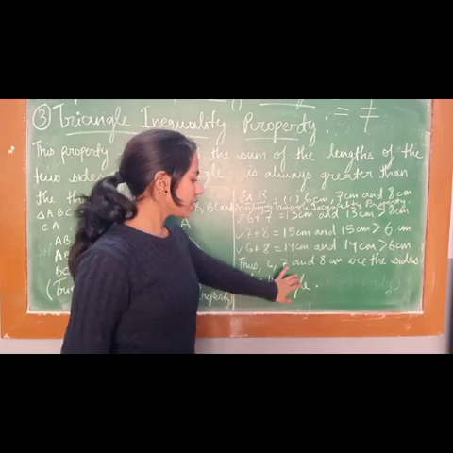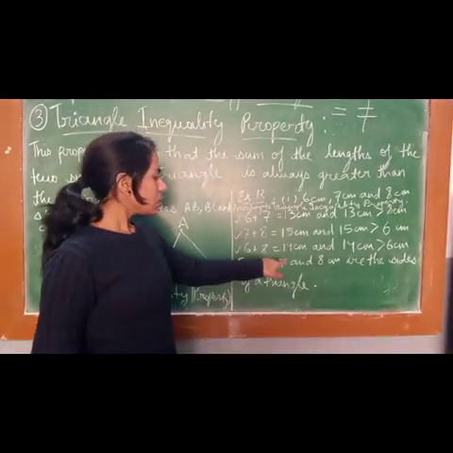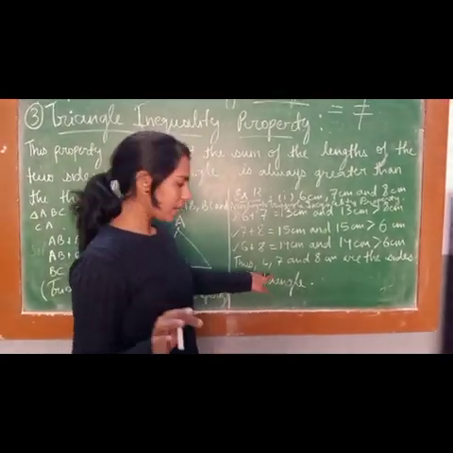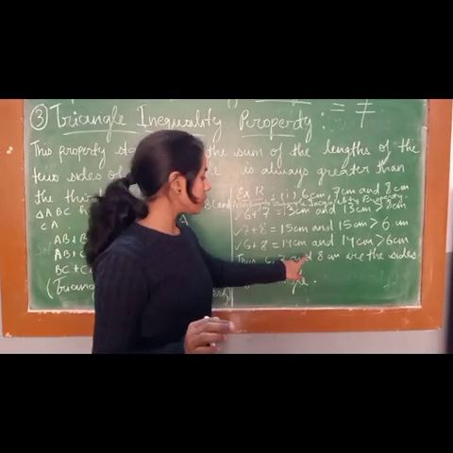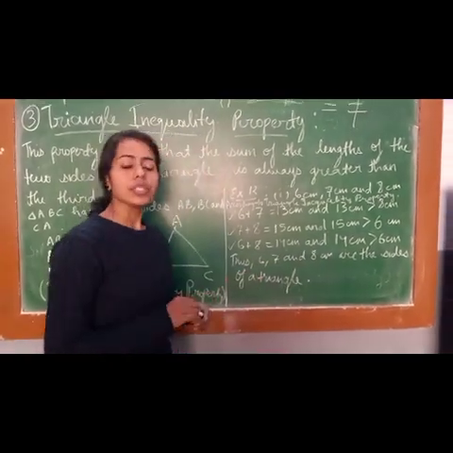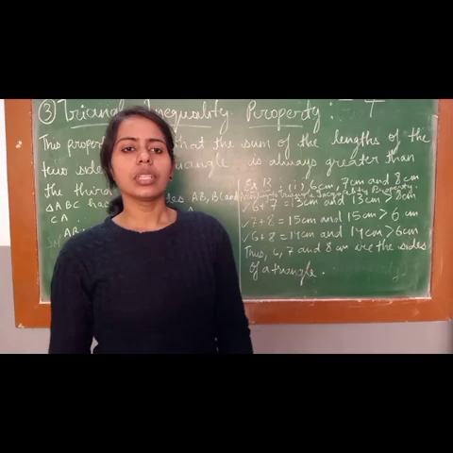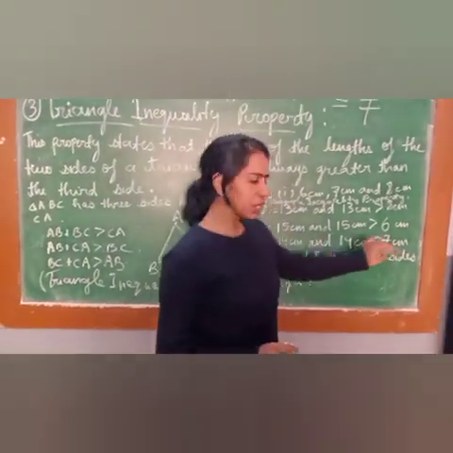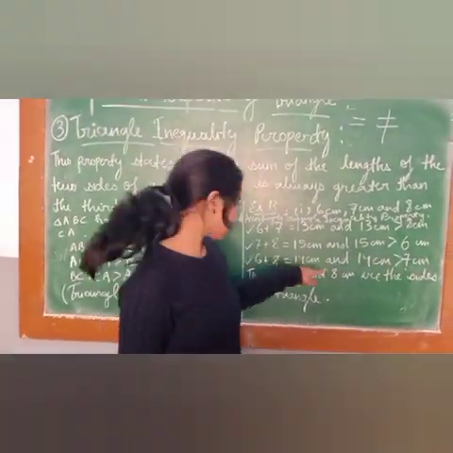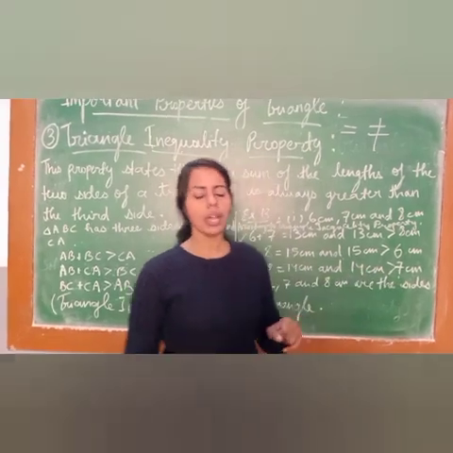We proved, so we can say that a triangle with 3 sides 6 centimeter, 7 centimeter and 8 centimeter is possible. Okay.